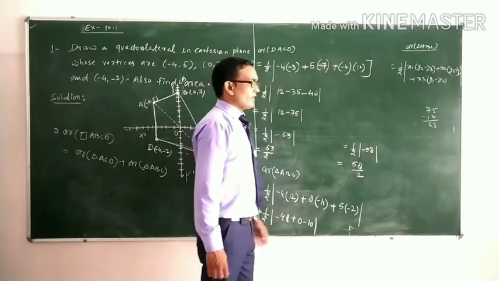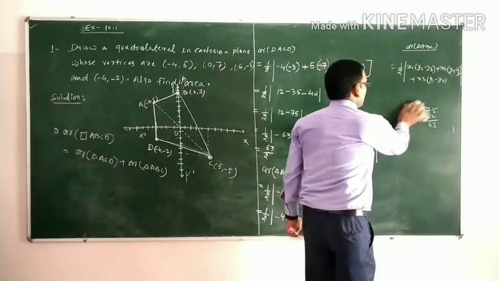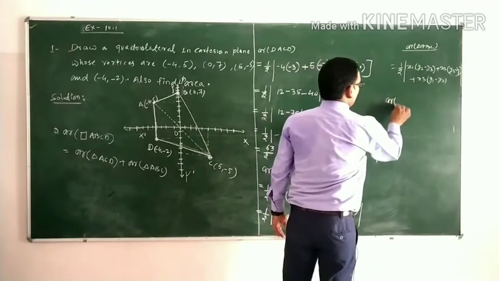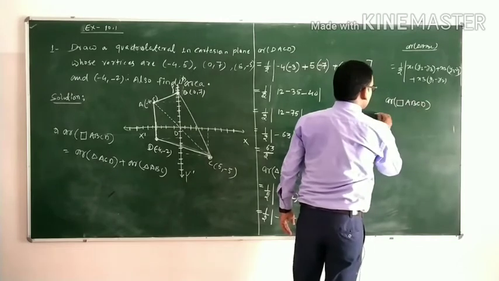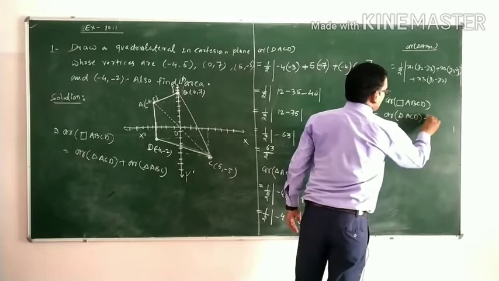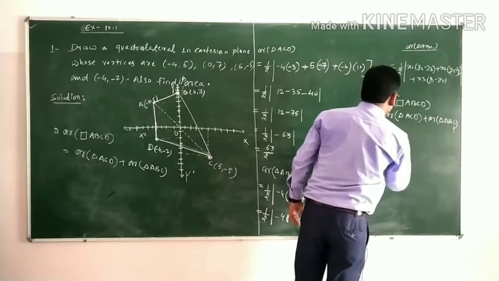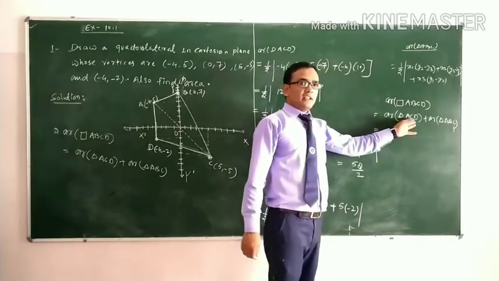Then finally we find the area of quadrilateral ABCD. Area of quadrilateral ABCD is equal to area of triangle ACD plus area of triangle ABC. This equals, what is the area of triangle ACD?